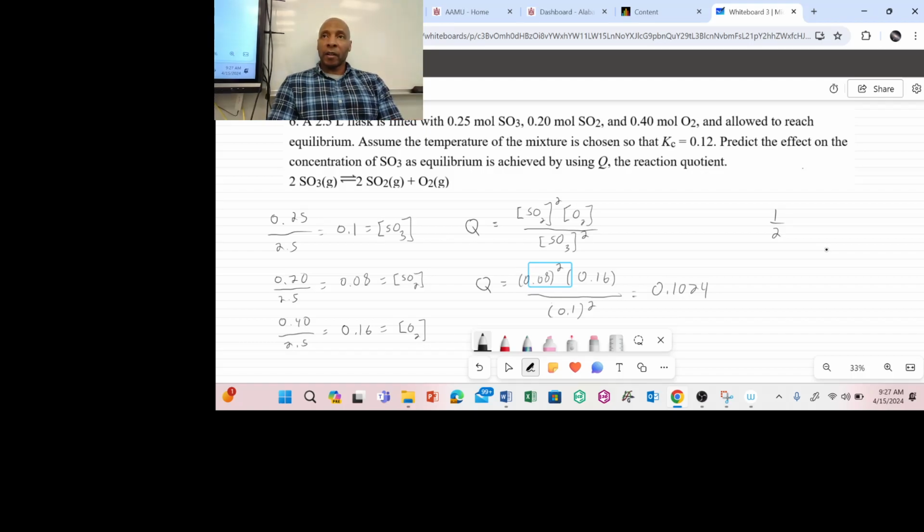If I decrease the numerator, I'm going to have to increase the denominator, because it's products over reactants, right? If my product concentration increases, my reactant concentration is going to decrease. So since Q is smaller than K, the only way Q can become K is if my product concentrations increase and my reactant concentrations decrease. Y'all follow me? So that means the SO3 concentration is going to have to decrease. Y'all with me? So the answer, of course, like I said, is B.